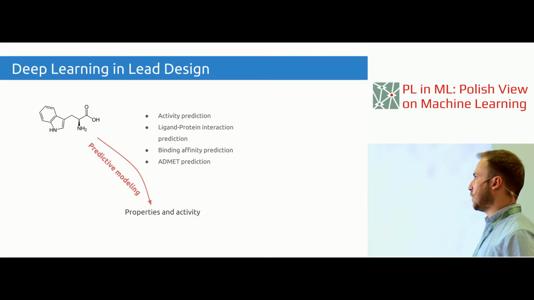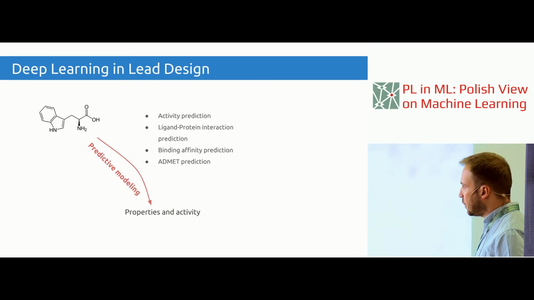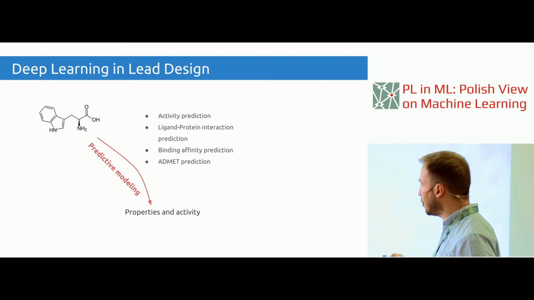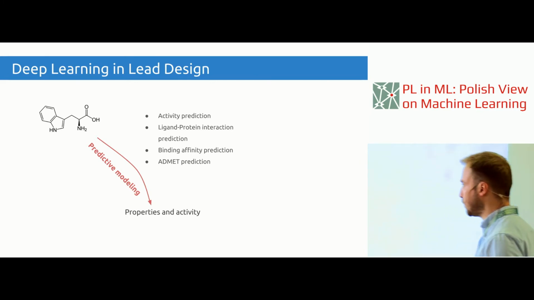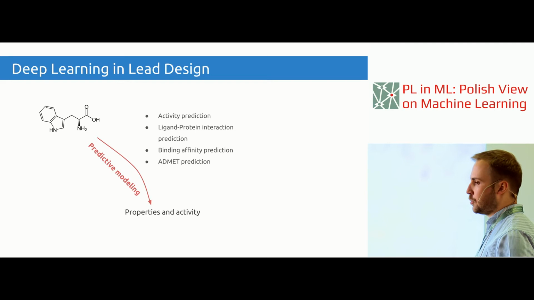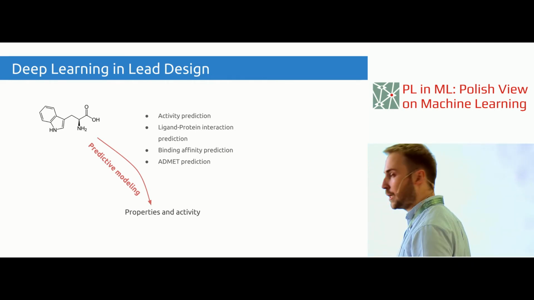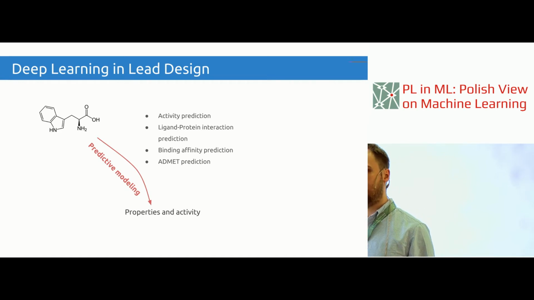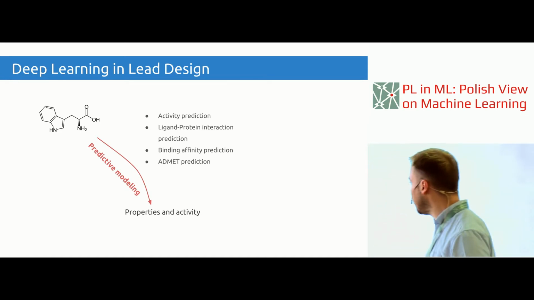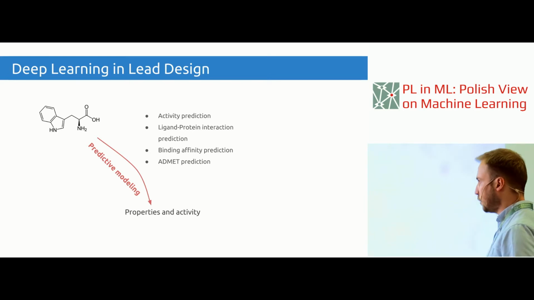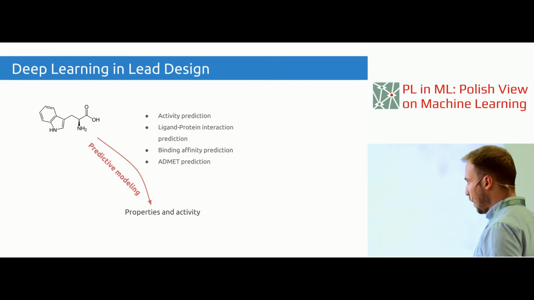We can also predict binding affinity. This is also similar, but this is a regression problem. These two are classification problems. We can also do something that is called ADMET prediction. This shortcut ADMET stands for absorption, distribution, metabolism, excretion, and toxicity. So these are basic properties of the molecule.